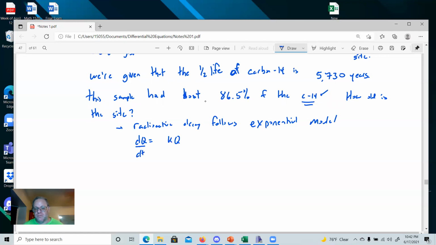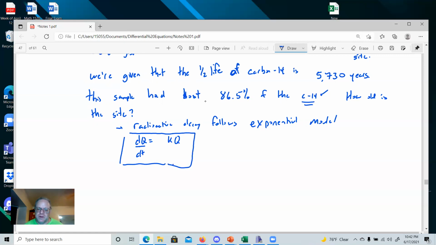If you have more particles able to start expelling stuff, then that kind of makes sense. You have a lot of carbon, you have a lot of radioactivity going on. You have a little bit of carbon, you have a little bit of radioactivity.